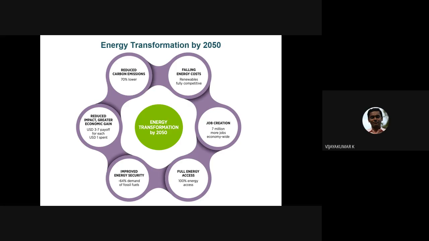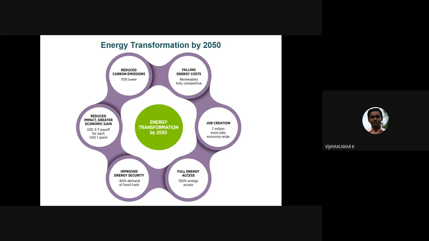All the countries have joined this forum, and they are trying to bring an environmentally friendly globe. If we discuss the environment, most of the carbon emission comes out of power generation plants.